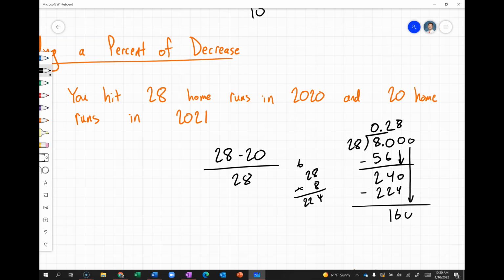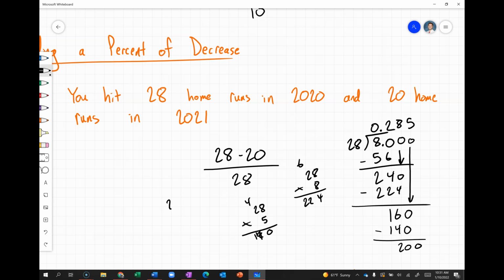And 28 goes into 160, let's see, probably about 6 times, maybe 5 times. Yeah, it's probably 5 times. 8 times 5 is 40. 5 times 2 is 10 plus 4. It's 140. Can't fit another one in there. We'll do one more here, because this one's going to keep going. So 28 goes into 200.